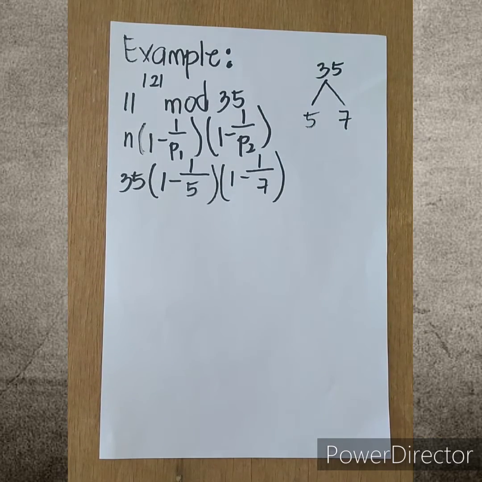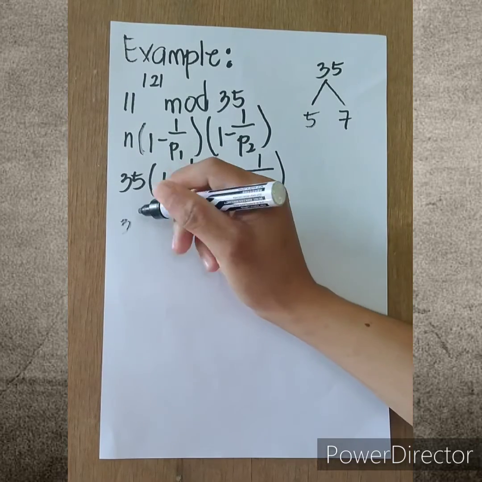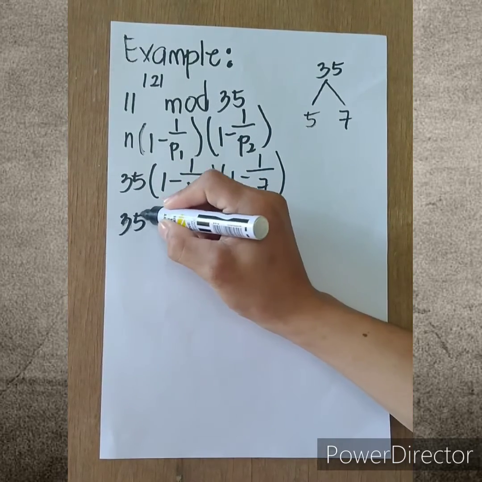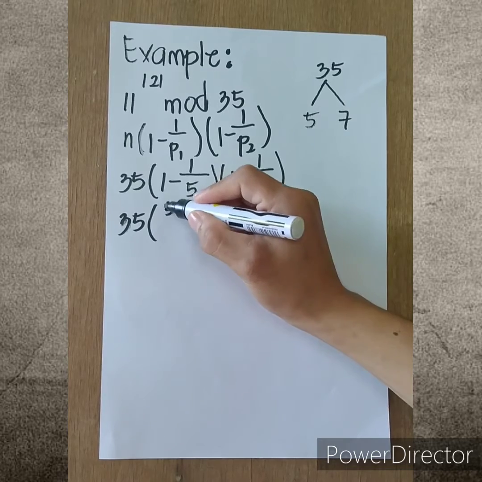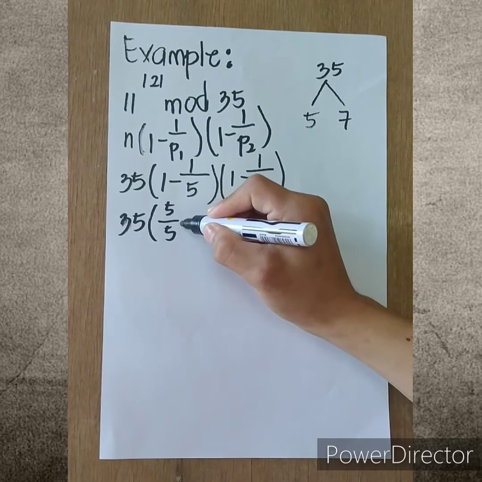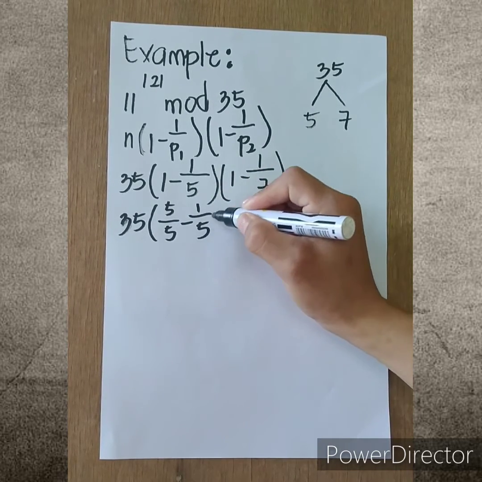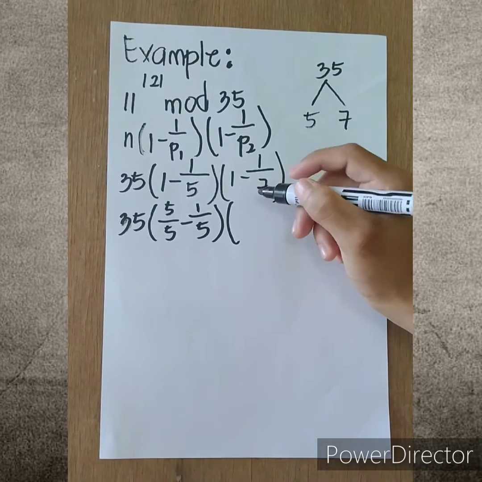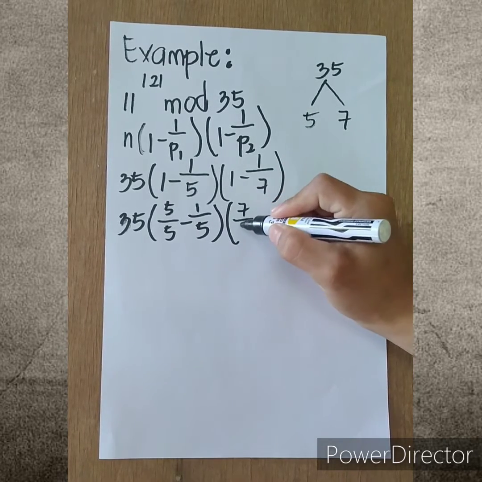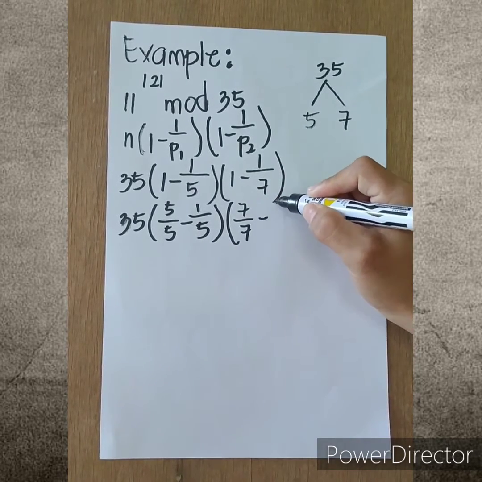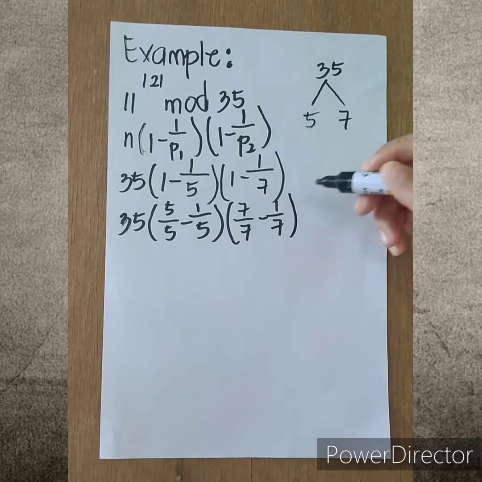So let us solve this. 35 times the quantity of 5 over 5 minus 1 over 5, times the quantity of 7 over 7 minus 1 over 7.